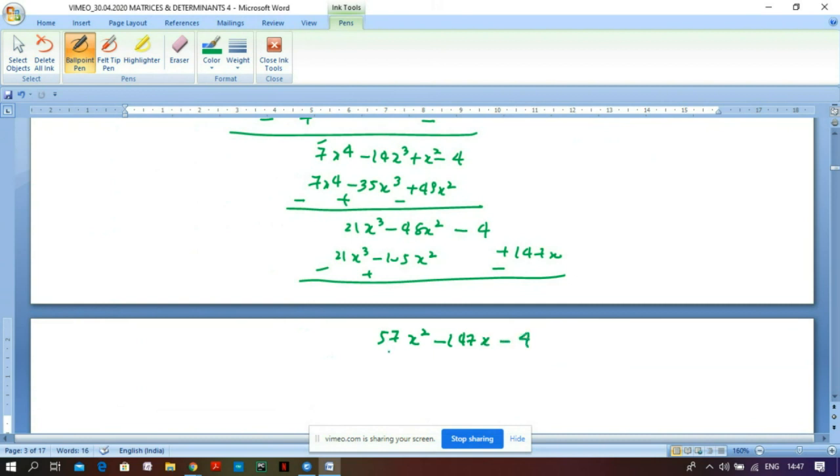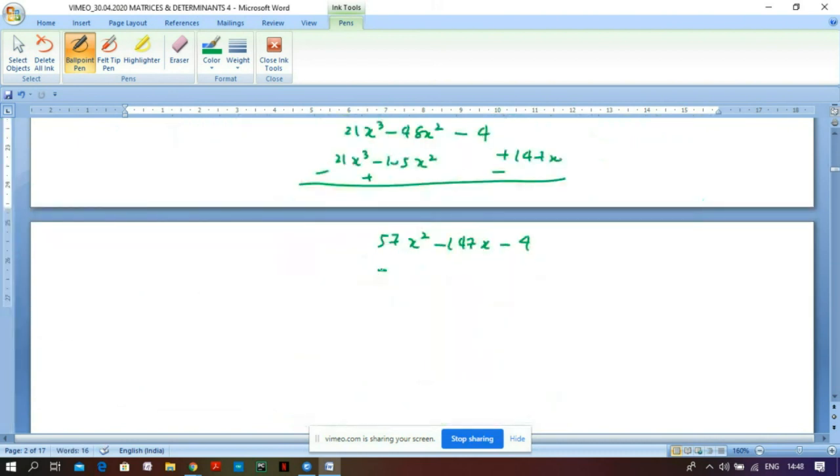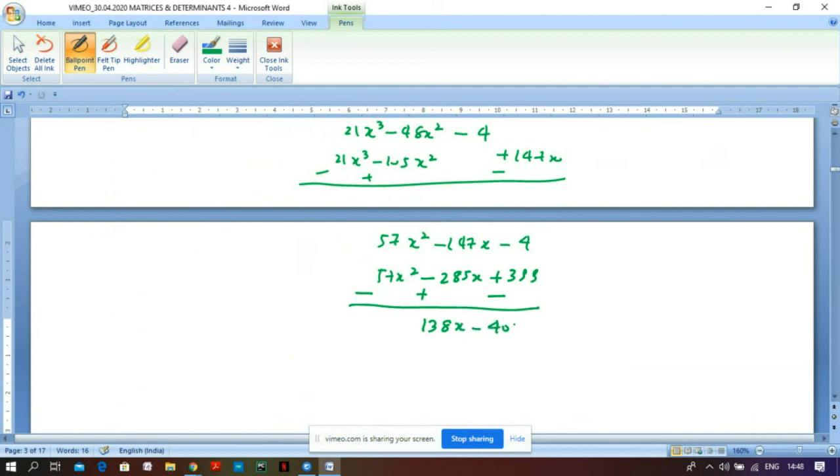And now 57 comes up. So now here we will have plus 57, and that will give you 57x squared, and 57 times this 5, and that number is minus 285x. And that other number, 57 into 7, is 399. I can change the sign again: negative, positive, negative. So we are getting here 138x, and this is minus 403.